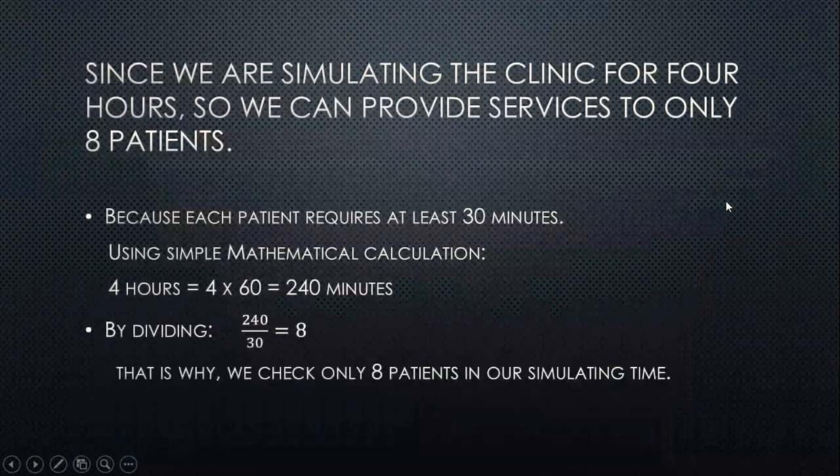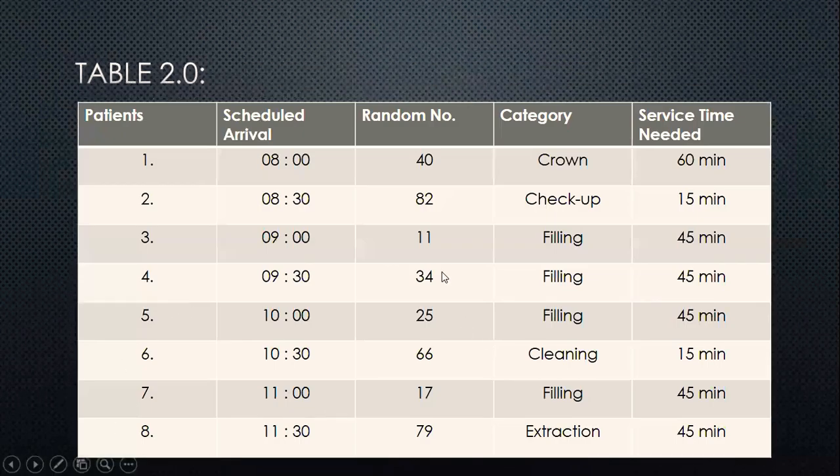So in the third step, this is 34, this is also filling. This is also filling. So the first five patients require crown, checkup, filling, and filling. The next one comes at 10:30 and its number is 66.